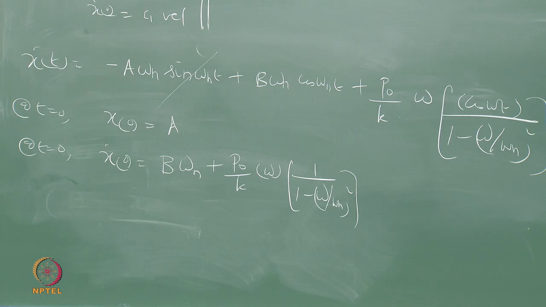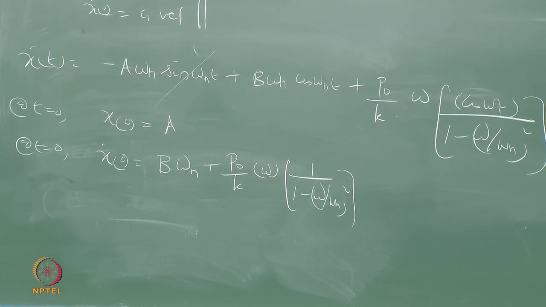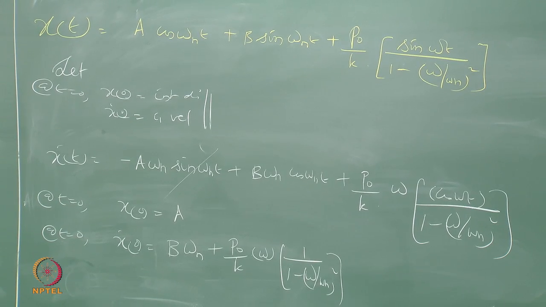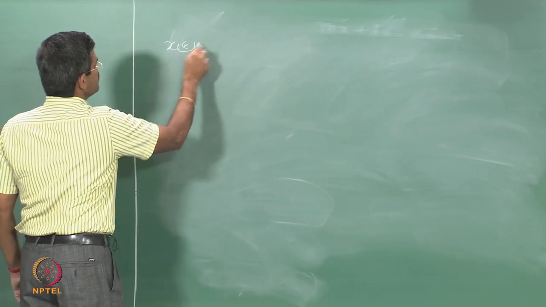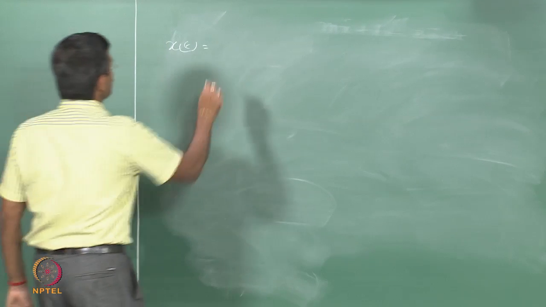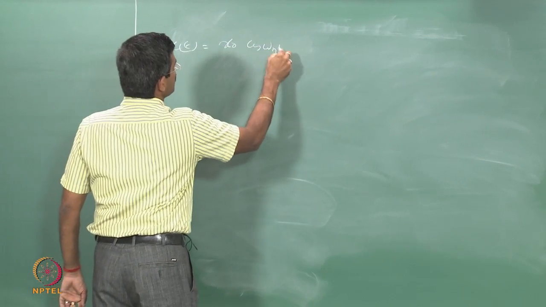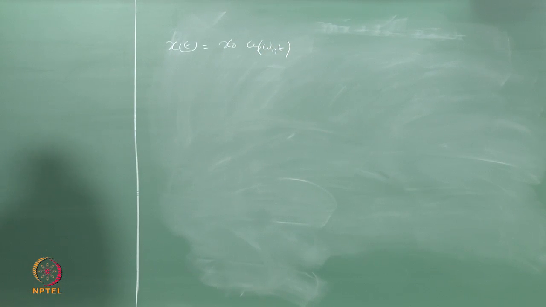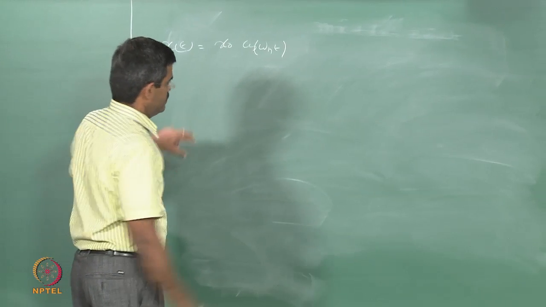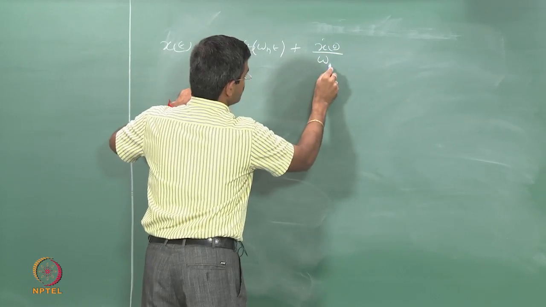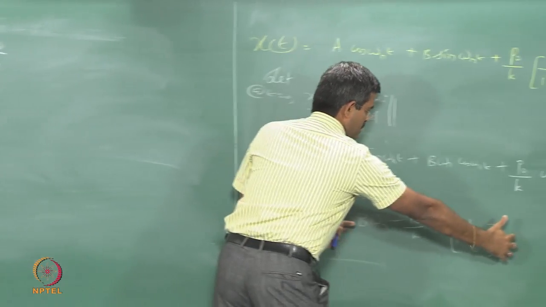Let me write down the full function here. So, x of t after getting A and B will be x 0 cos omega n t plus x dot 0 by omega n. I am splitting these two terms separately.